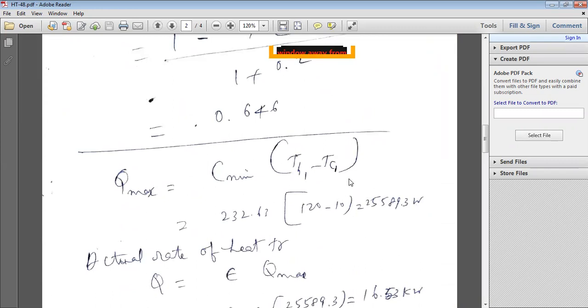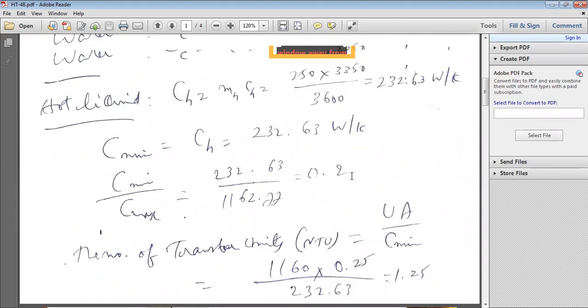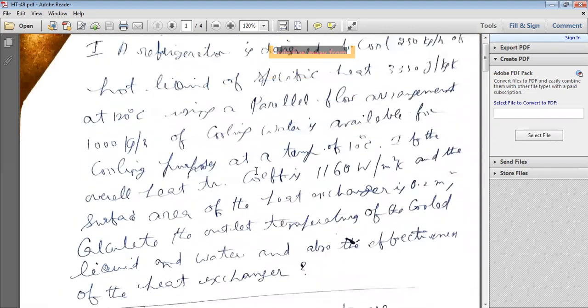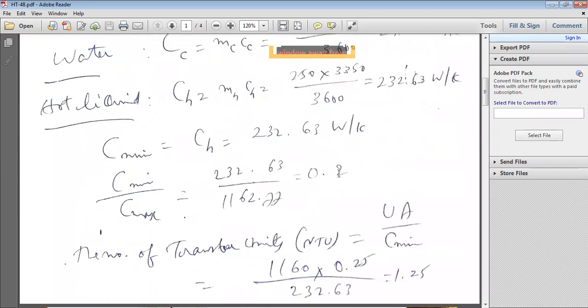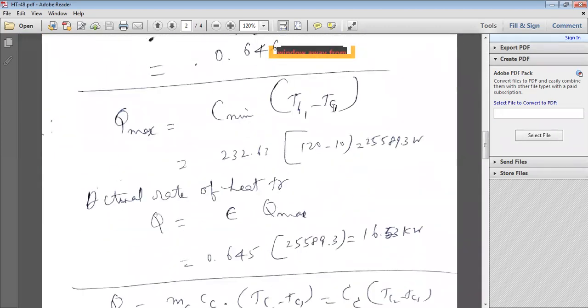What is TC1, the inlet temperature of the cold fluid? Here water is our cold fluid, at a temperature of 10 degrees centigrade. So the inlet temperature is 10 degrees centigrade. After heating, this temperature may increase. That's why TC1 is the inlet temperature of the cold fluid, 10 degrees centigrade.